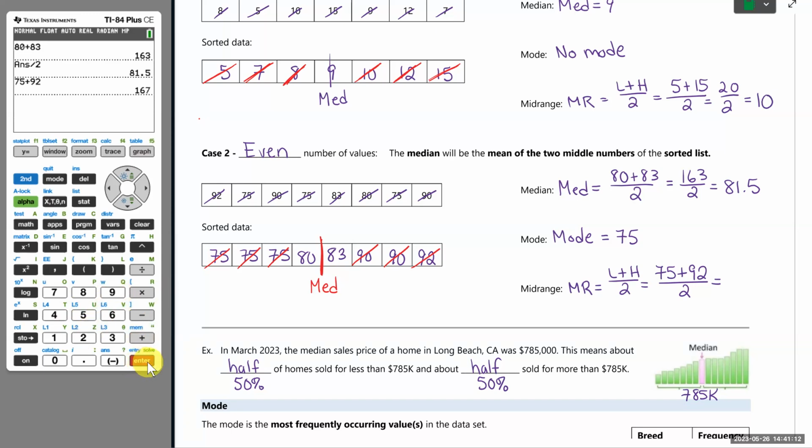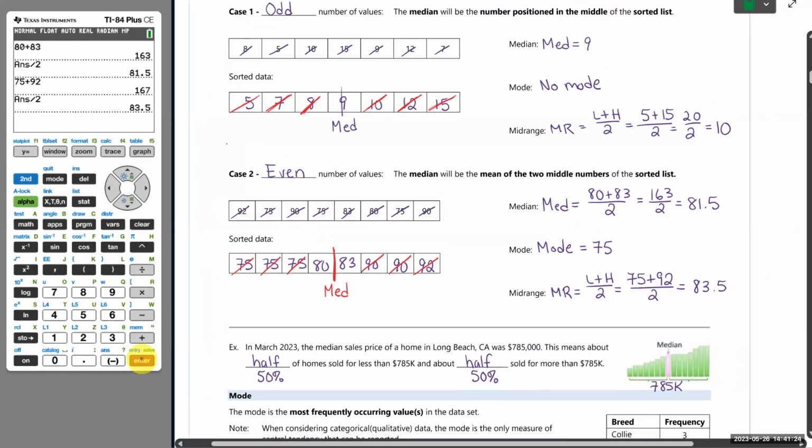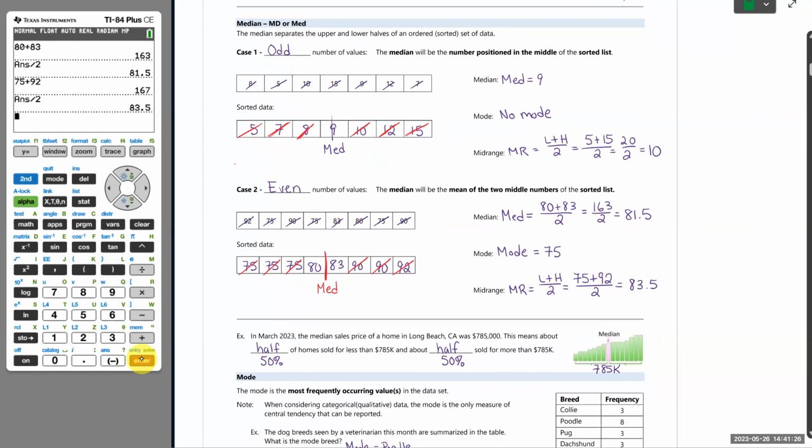So I'm going to hit enter. That's 167. Now I can divide that by 2. And that is 83.5. Okay. So those are our measures of central tendency. This page covers median, mode, and mid-range, and previously we did the mean.